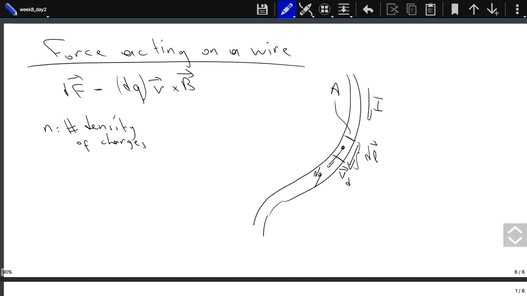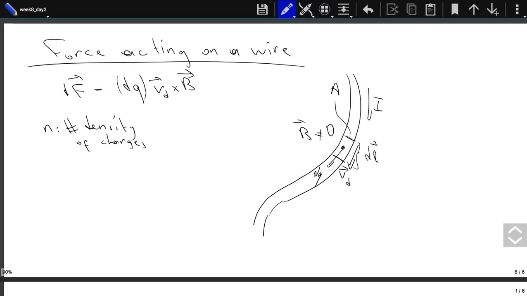There's some magnetic field somewhere in some direction. B is non-zero. If B is zero, the force is zero anyway. I don't really know the direction, but I don't need to know the direction. Everybody agrees?